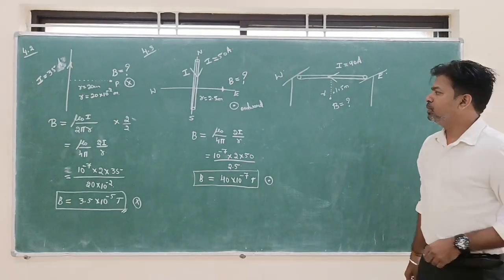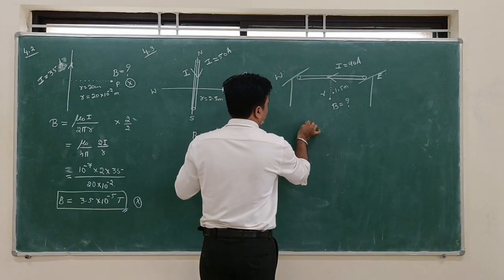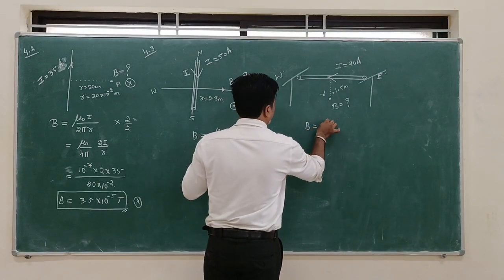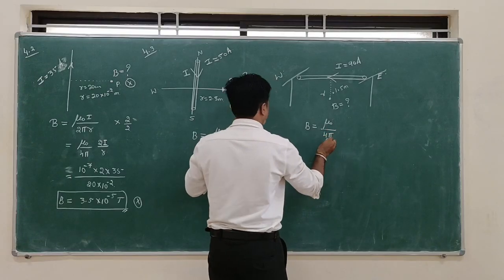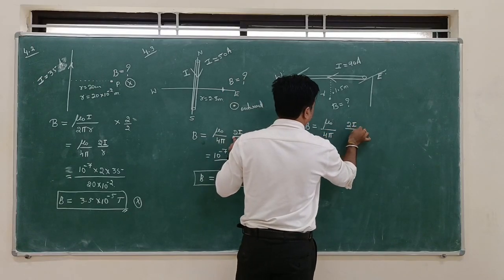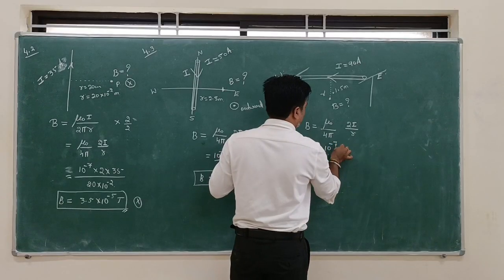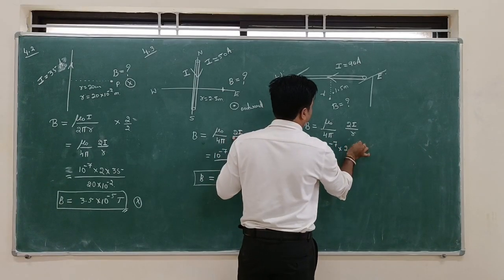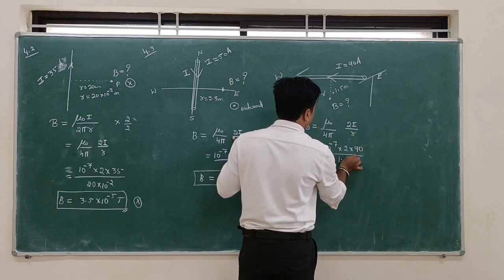B is equal to mu naught divided by 4 pi, 2i divided by r. That's B is equal to mu naught divided by 4 pi, 2i divided by r. The value is 10 to the power minus 7 into 2. The current is here 90 amperes divided by the distance is 1.5.